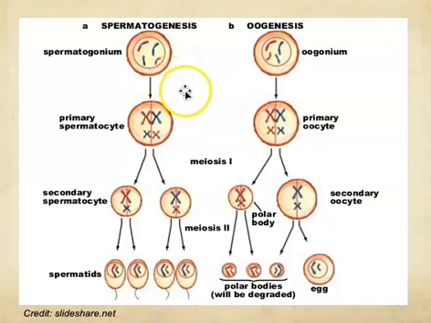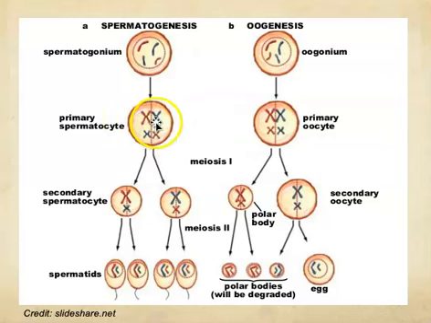Now, during metaphase 1, homologous pairs are going to line up side by side. This is a homologous pair of replicated long chromosomes. This is a homologous pair of replicated short chromosomes. They line up side by side, and then they get separated. They get pulled apart. So everything on this side is going to go to this end.